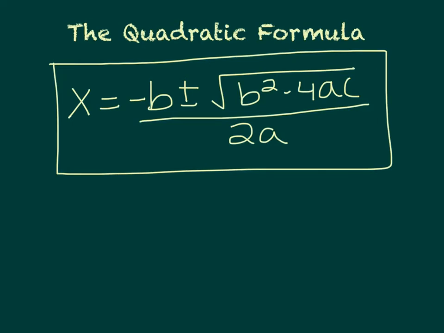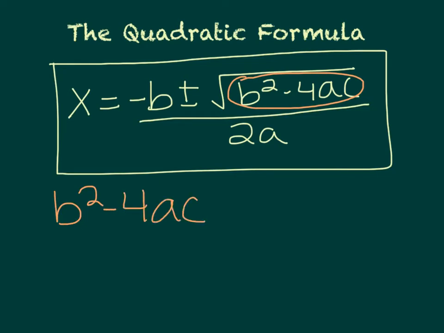Now, an important part of this quadratic formula is this part right here underneath the radical sign. b squared minus 4ac only. That's one single number. That's what we call the discriminant. Not to be confused with determinant from the matrices chapter, but it's called the discriminant.